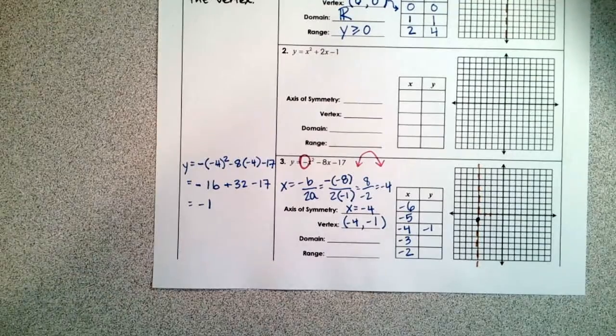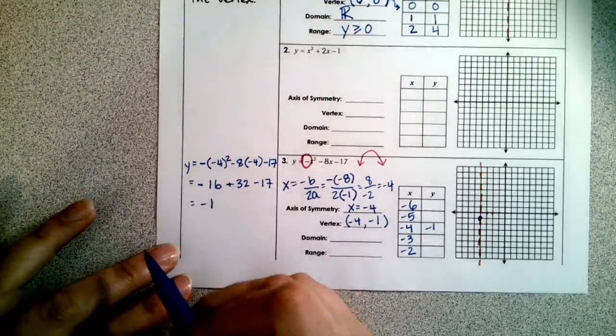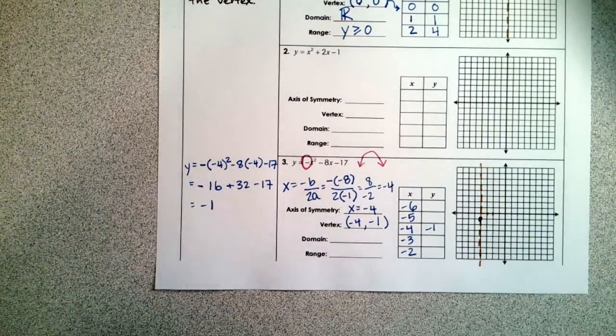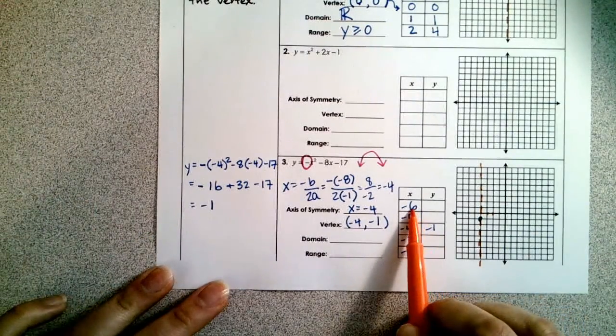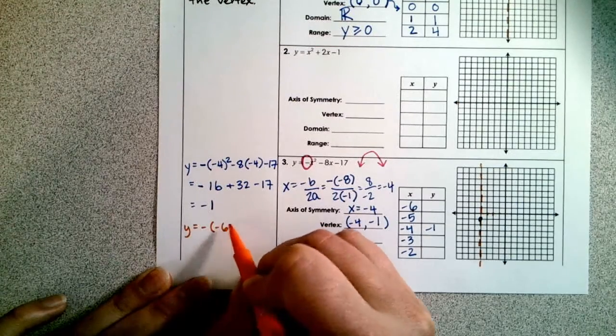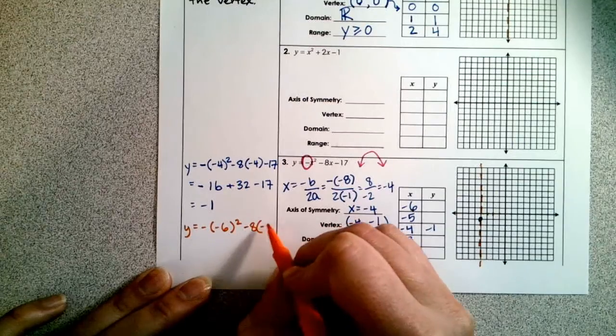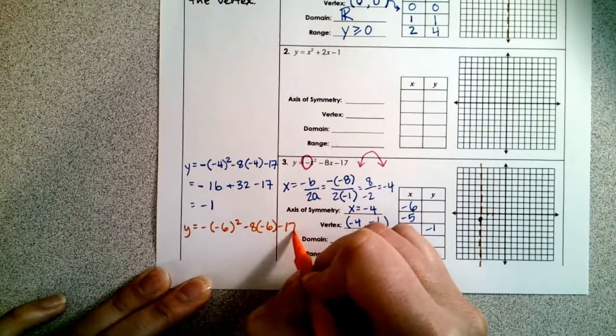I will do one more of these and then I'll let you do the rest on your own. So I will plug in the point -6 for x, and let's see what we get. So we have -6 squared minus 8 times -6 minus 17.